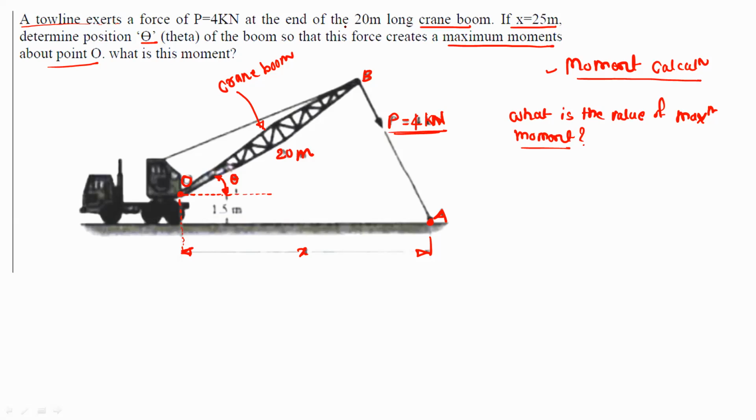So can anyone tell me what is the value of maximum moment by this 4 kilonewton about the point O? For the maximum moment by this force 4 kilonewton about the point O, there will be only one condition, and that condition will be that the line of action of this force must be perpendicular to this complete beam, that is the crane boom.